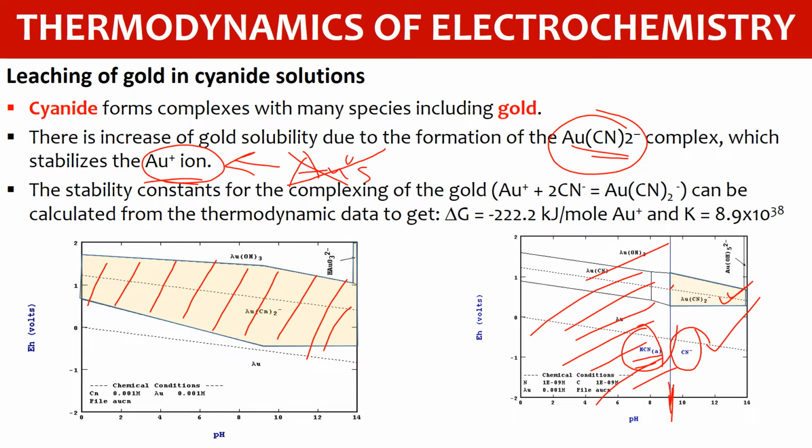You now marry the cyanide region of predominance and the gold region of predominance, with complexing with iron. So in this case, using these conditions, this would be the area of choice to target when you want maximum gold leaching in the cyanidation system.